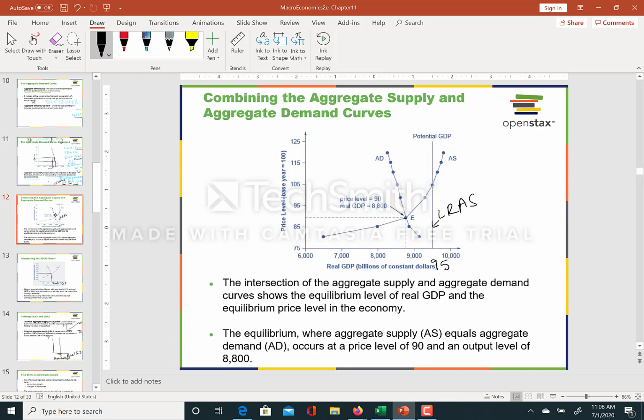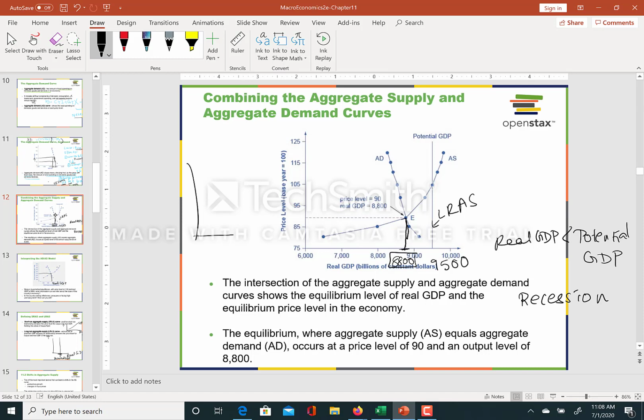I see my potential gross domestic product is 9,500. My real gross domestic product is, I would say, 9,000 or 8,800, close to 9,000, because the real gross domestic product here is less than potential gross domestic product. The economy is going through a recession.